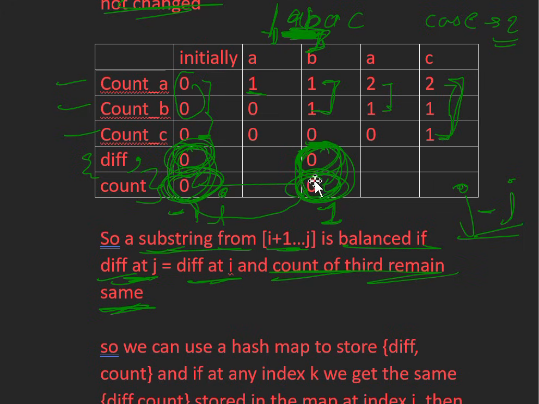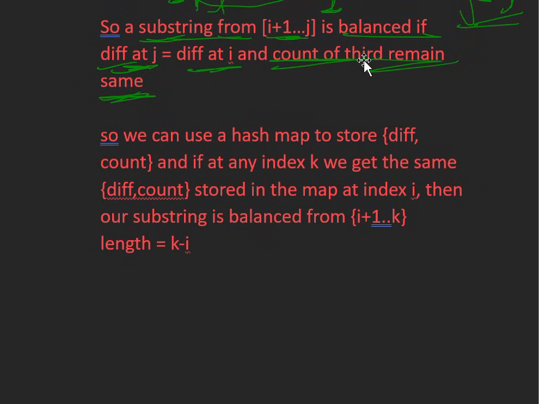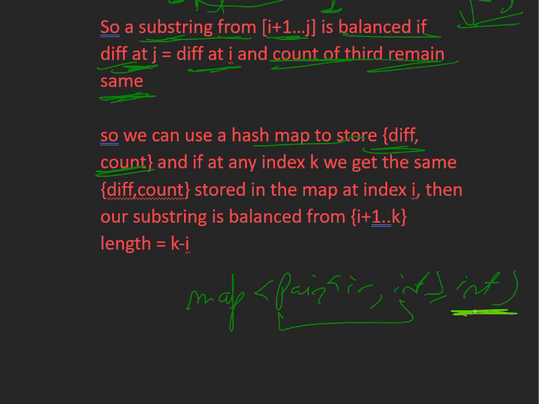Okay, so what we can do is use a hash map that will store difference comma count as a pair, like map of pair of int comma int, to int. So we'll store this pair, and here we'll denote the index where that particular pair of difference comma count appears first.